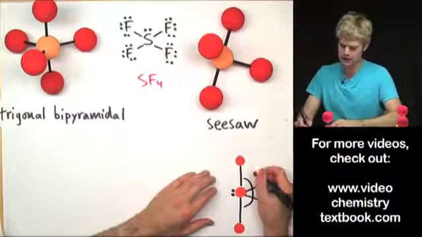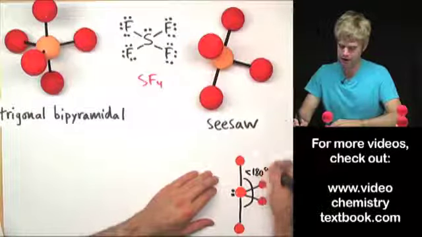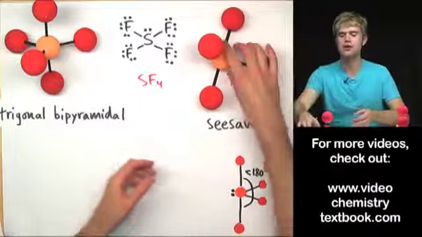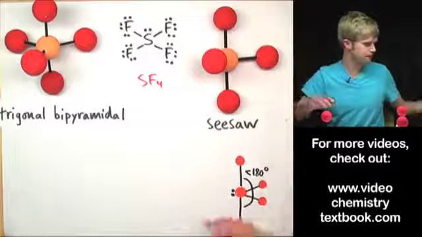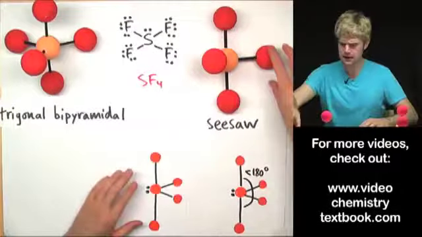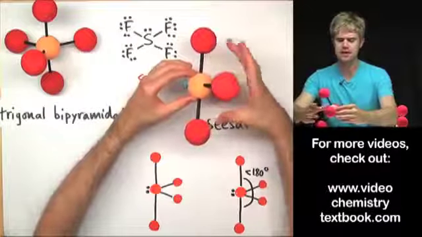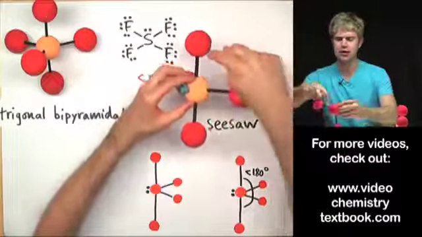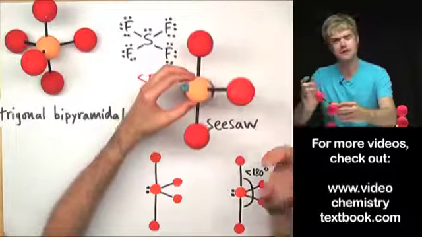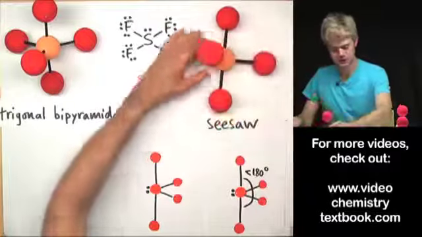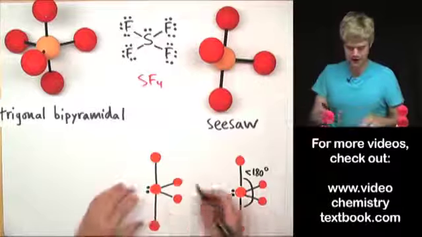Let me write that in here. So this is going to be a little less than 180 degrees because of the repulsion from this unshared electron pair. Okay. Now secondly, since these guys are bending in, the angle between this axial and this equatorial atom is going to be a little less than 90 degrees. There's not a great way to show it here just because of how we're drawing the diagram.